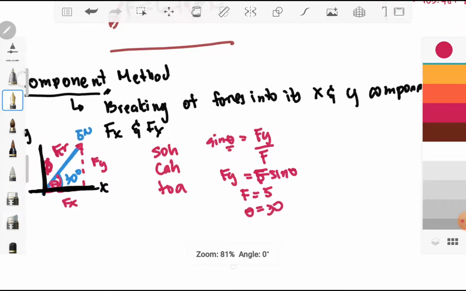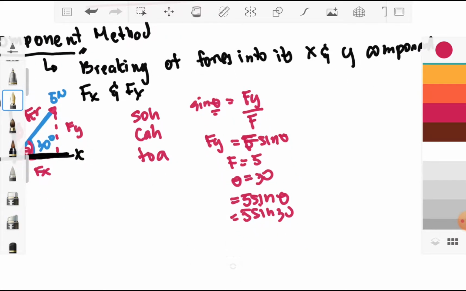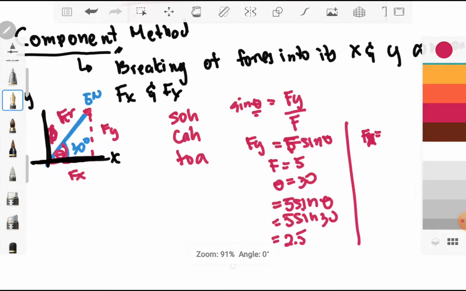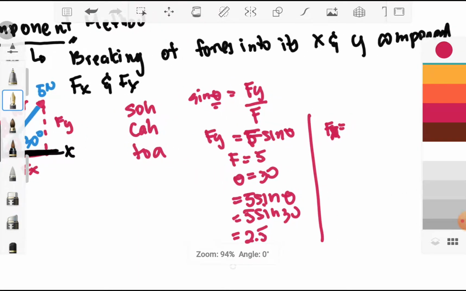So therefore, my y component of 5 Newton is equal to 5 sine theta. Calculating the value of 5 sine 30, we'll have a value equal to 5 halves, 2.5. And for its x component, fx, we use cosine theta, which is equal to fx all over the hypotenuse, or the resultant force.